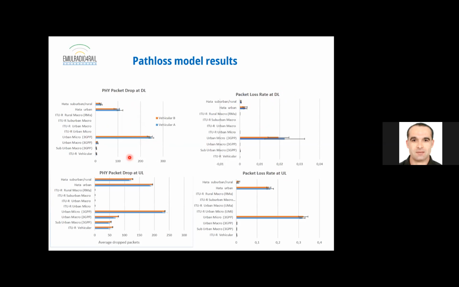The second conclusion is that performances are better for the downlink than for the uplink. Also, comparing the packet drop at the physical layer and the packet loss rate at the IP layer, you can see that the retransmission mechanisms of the LTE technology are able to overcome the packet drop at uplink and at downlink.